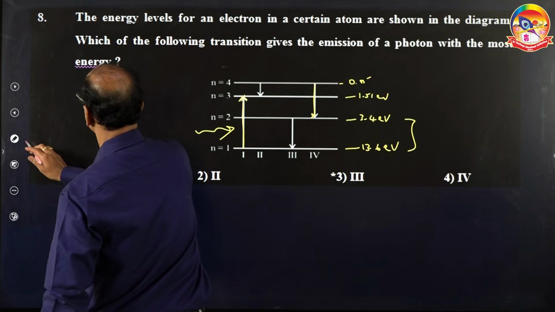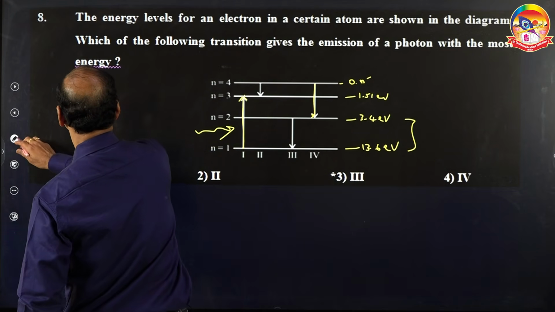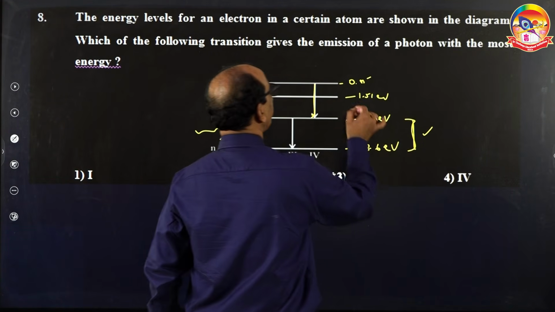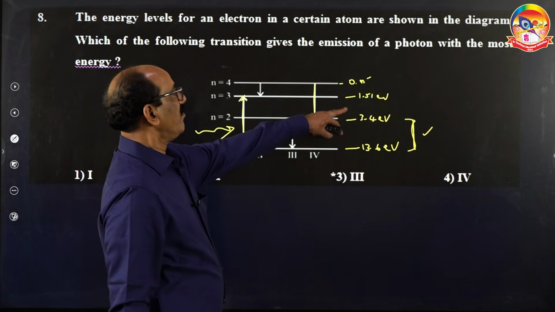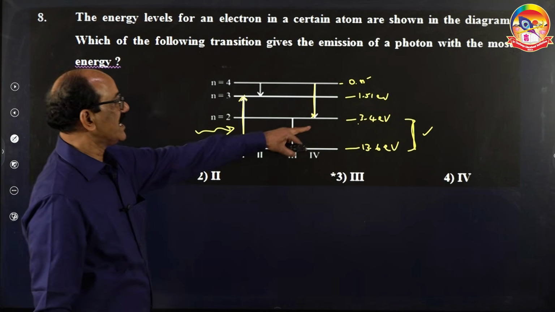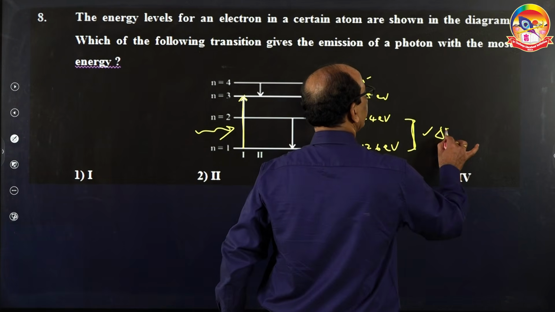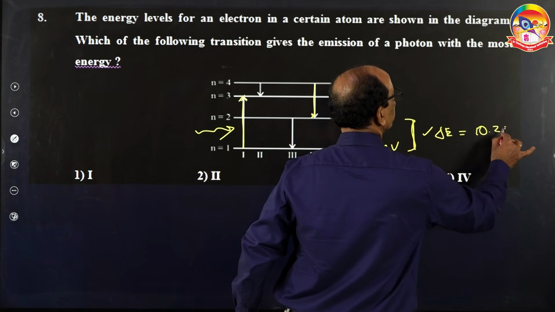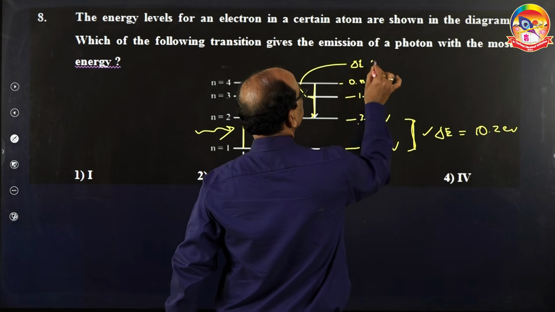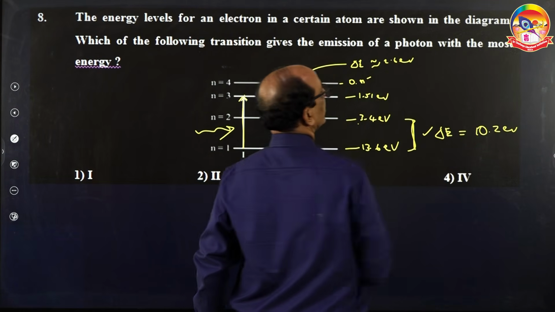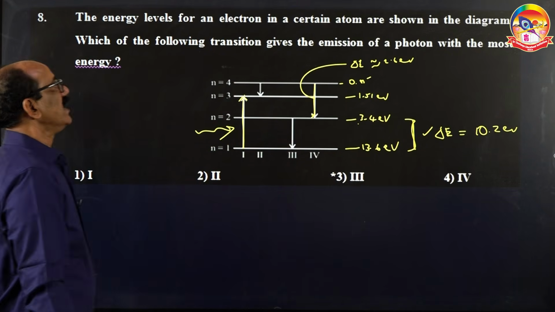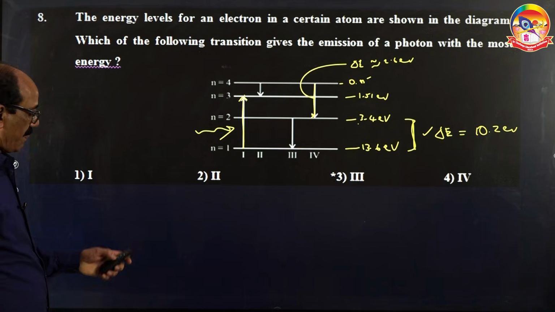So therefore, the photon corresponding to that will have greater energy compared to these two. From this to this, it is approximately 2.6 electron volt. So this is 10.2 electron volt. The energy difference between these two, as I told you, delta E is nearly 2.6 electron volt. That is a smaller value compared to this. Obviously, this will give a photon with a higher energy.